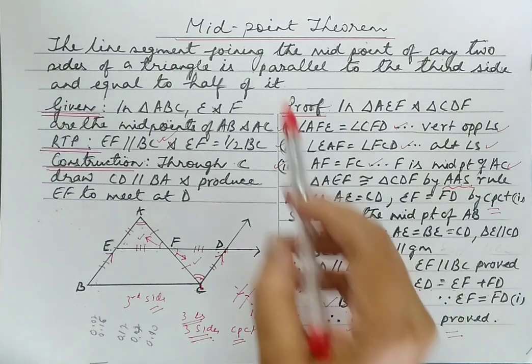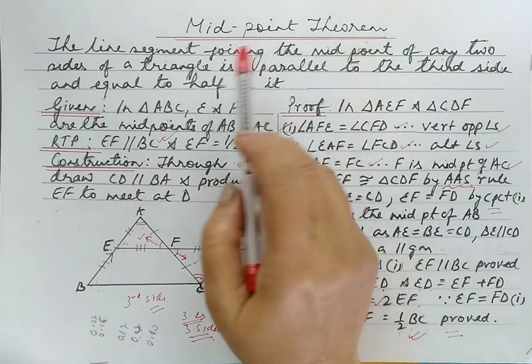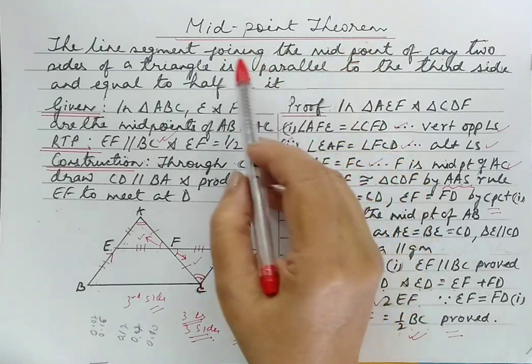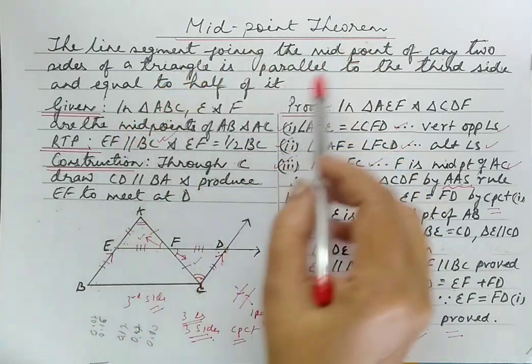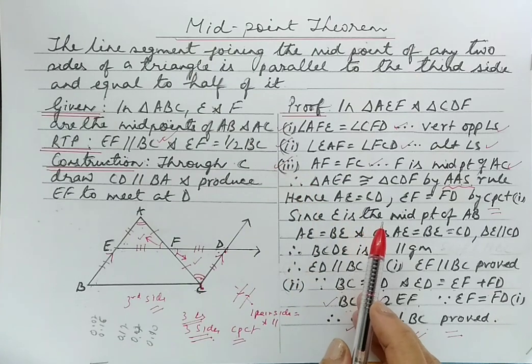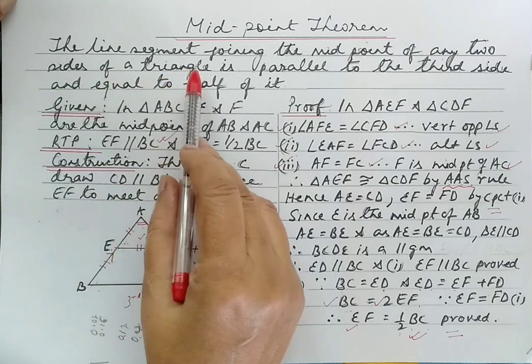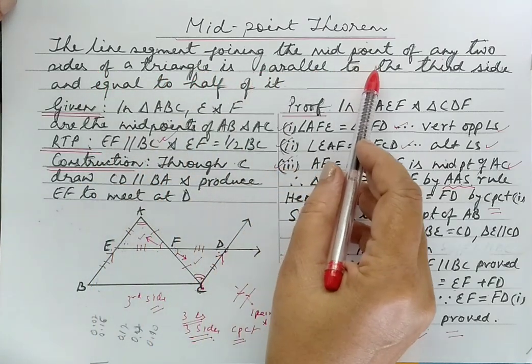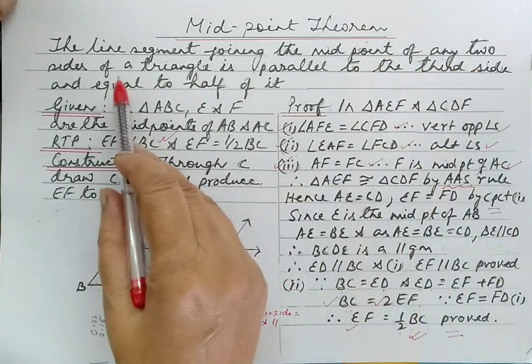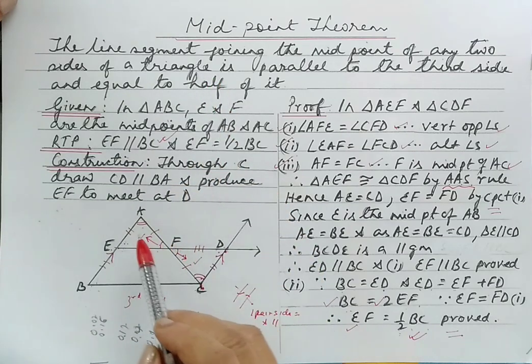So today's topic is the Mid-Point Theorem. This is an explanation of the entire concept of the Mid-Point Theorem, right? It states that the line segment joining the midpoints of any two sides of a triangle.